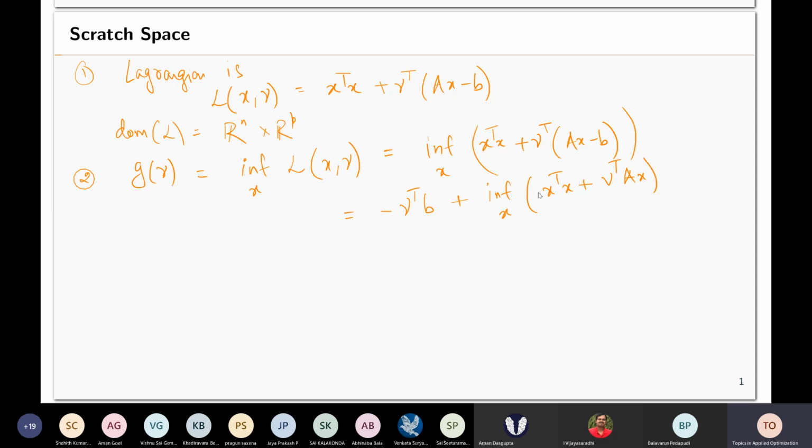Now what is this term? We have to find the infimum of this. So what is the nature of this? Have we seen functions like this before? Which type of function is this? We have written things like this. What are the powers of x in this? The maximum power of x. These are square terms, 2.